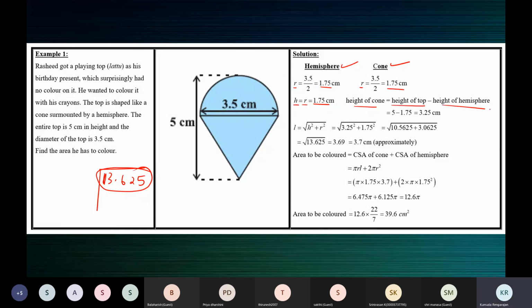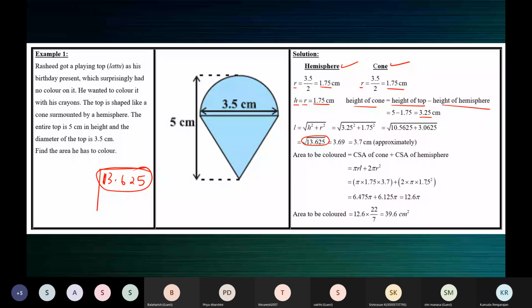Height of the cone is the total height minus the height of the hemisphere. Then for the cone you need to calculate L. So L is equal to root of h square plus r square, and all this you'll have to find the square root by the long division method.